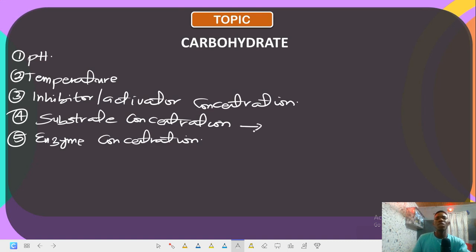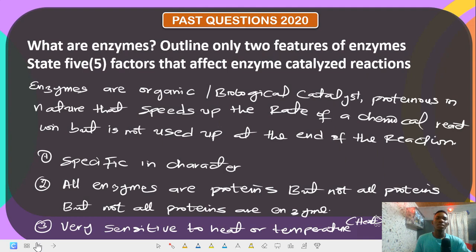Now, everyone knows what the substrate is. The substrate is what the enzyme is acting on. Okay, so those are the 5 factors. Let's just go straight to each of the points. So the question says, what are enzymes?